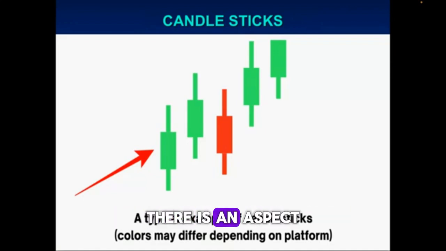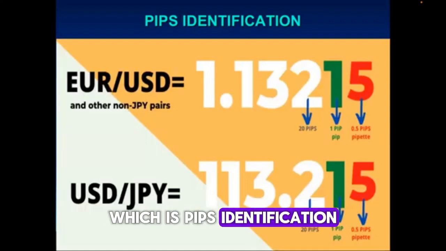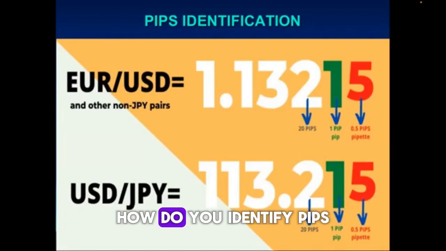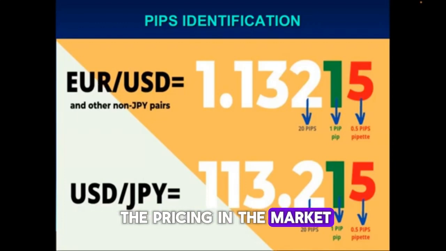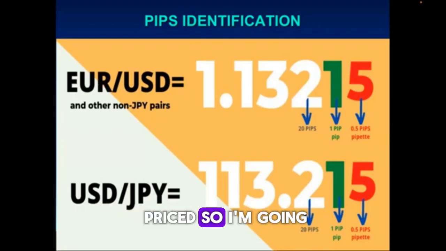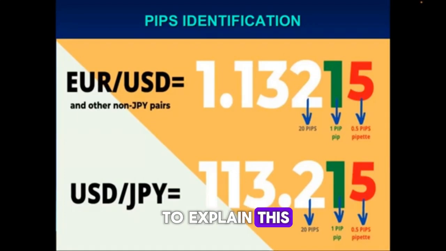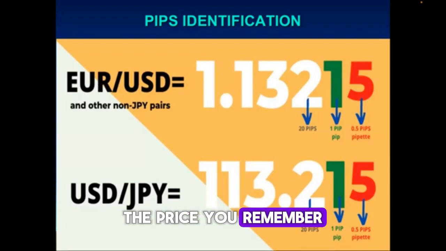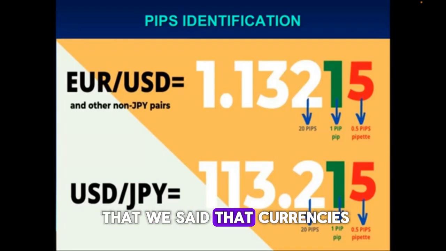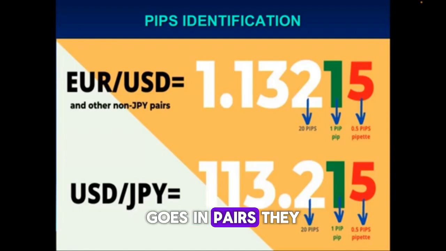But for now, there's an aspect that you need to also understand, which is pips identification. How do you identify pips? How do you understand the pricing in the market? How is the market priced? So I'm going to explain this, and we also go on the chart to try to figure it out. Now, when you see the price in the market, you remember that we said that currencies go in pairs.